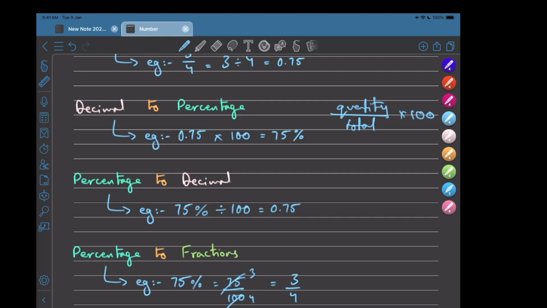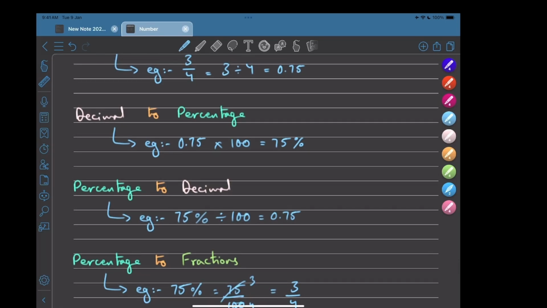That's how percentages are solved. I'm assuming that you guys are here, so you must know about that. Whenever you want to find the percentage of a certain quantity, you take the quantity divided by the total quantity and multiply by 100, and then you get the percentage. We will discuss more questions about it further on. I think you have pie charts or something, so we will discuss it.